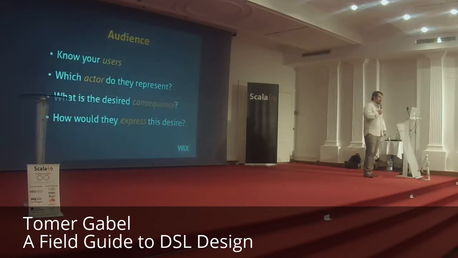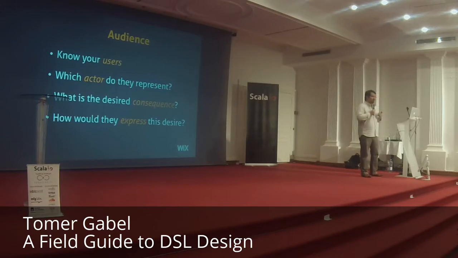The second thing you need to take into account are your users, your audience, as it were. Which actors do your users represent? If you have more than one actor, you may have more than one entry point into your DSL, more than one context in which to operate. Also, you need to take into account the desired consequence of that action.